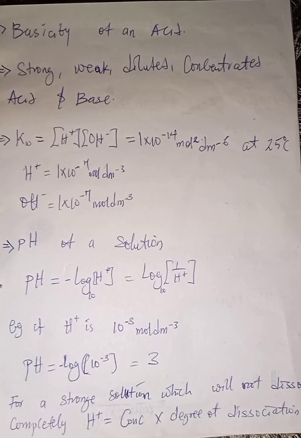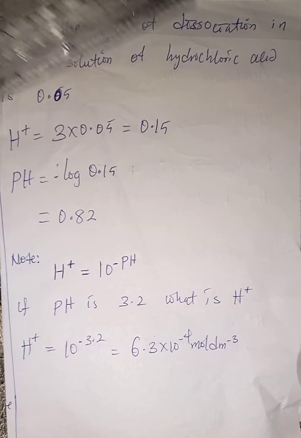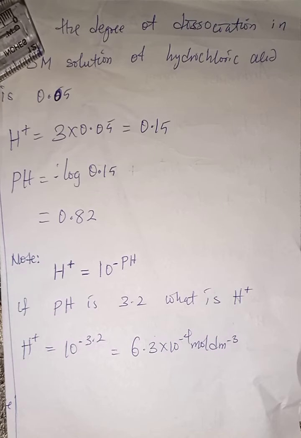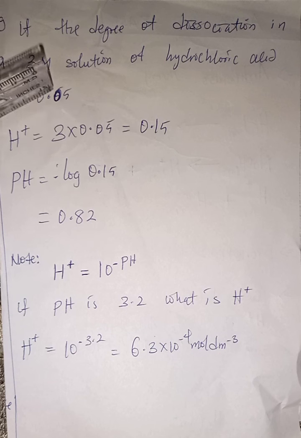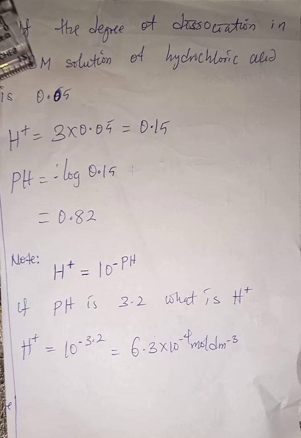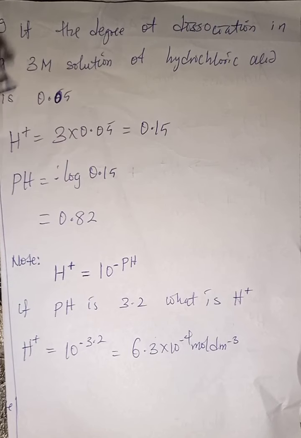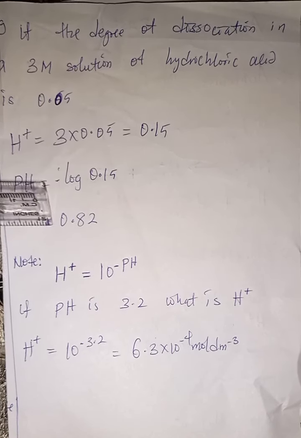Let's say we have this question: if the degree of dissociation in a 3 molar solution of hydrochloric acid, molar concentration being mole per dm cube, is 0.05, what will be the pH and hydrogen ion concentration? Hydrogen ion concentration will be the concentration times the degree of dissociation, which will be this. Then the pH will be minus logarithm of that hydrogen ion concentration, which will be this.